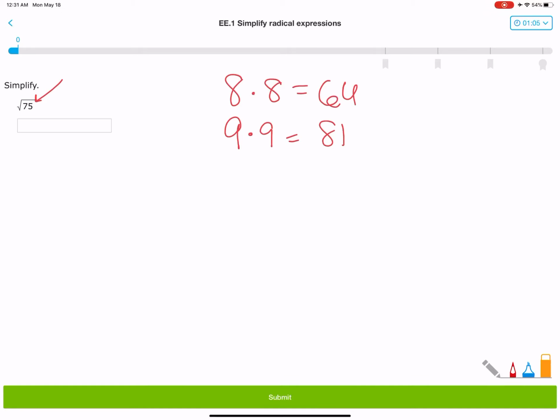So what we're going to do is think of factors of 75. We could do 1 times 75. 2 doesn't go into 75. Does 3 go into 75? Let's think. 3 times 25. Well, is there a square root of 3?